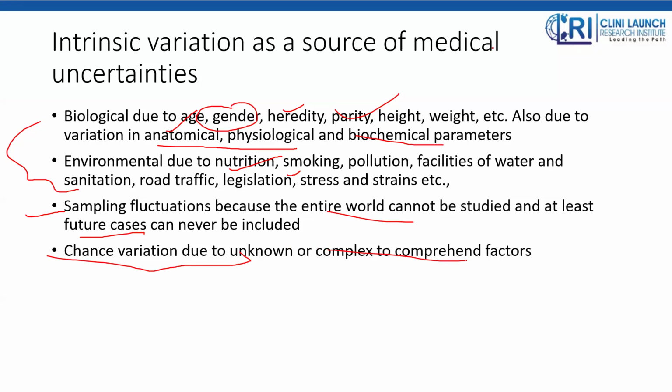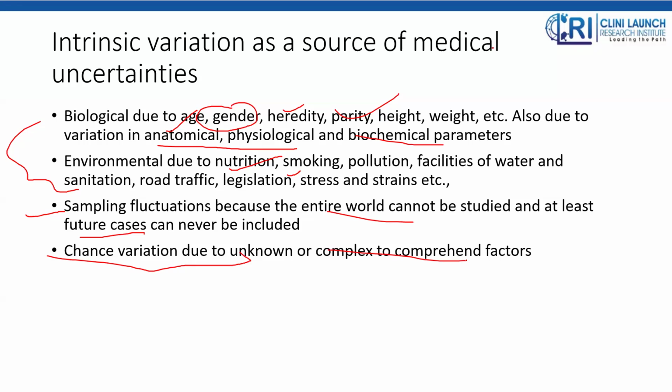Because of certain factors during the study, maybe the facilities available at the site or anything, there can be a change in the variation of how you are collecting the data. Unknown reasons or some personal reasons, because you don't have sufficient knowledge and practice on how to collect the data, then there might be a variation. So many variations are there that might lead to medical uncertainties.